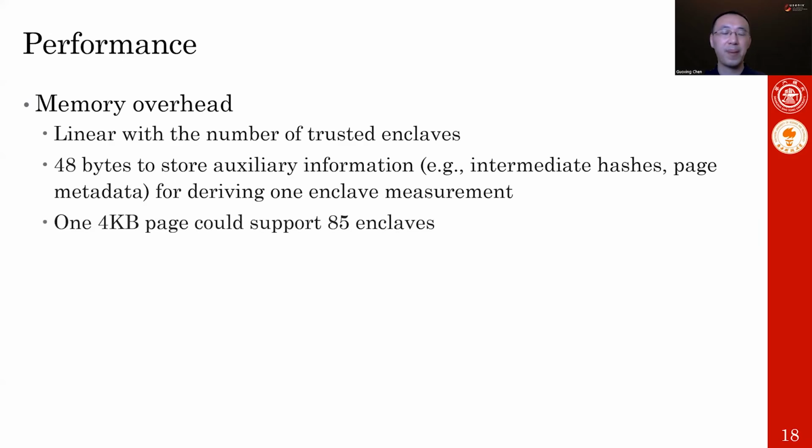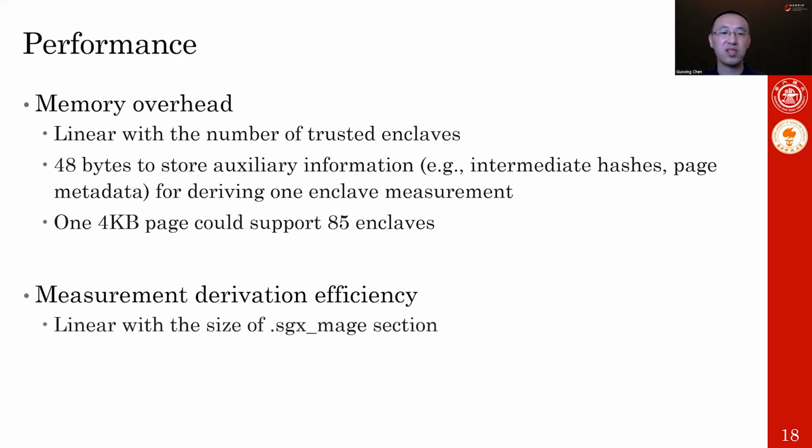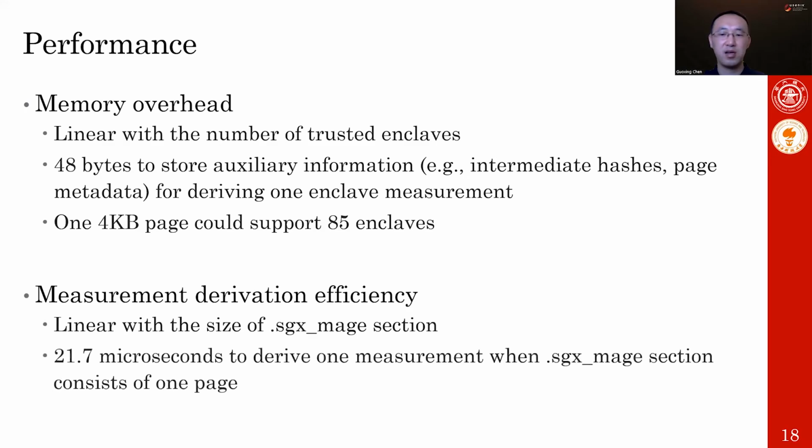So a 4K page could support up to 85 enclaves. As for the measurement derivation efficiency, it is also linear with the size of the MAGE section. In our evaluation, it takes roughly 21.7 microseconds to derive one measurement when the MAGE section contains only 1 page.